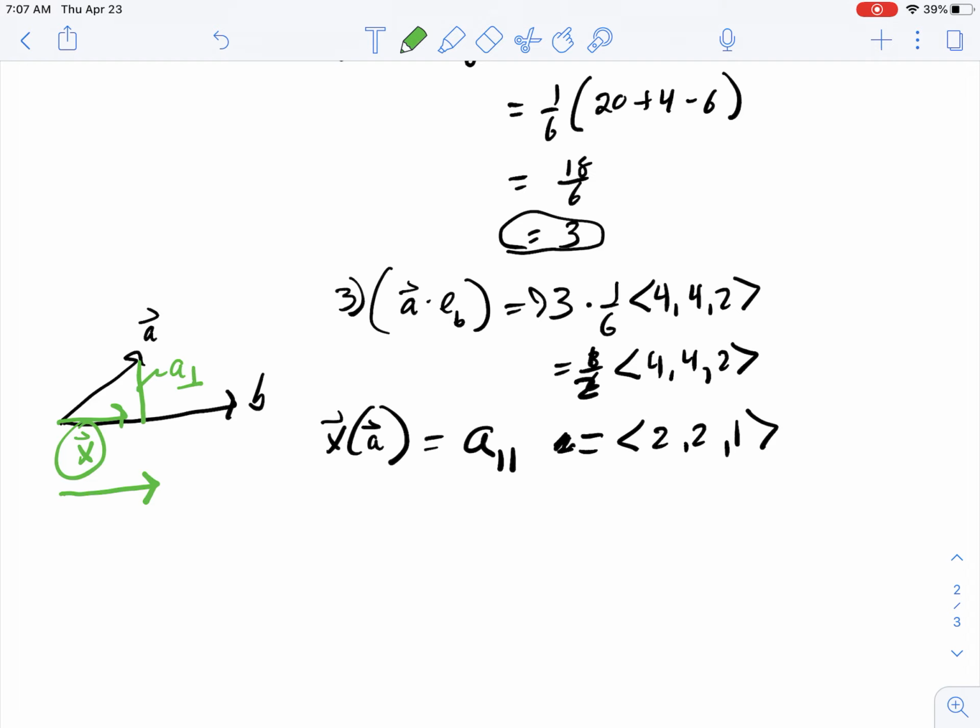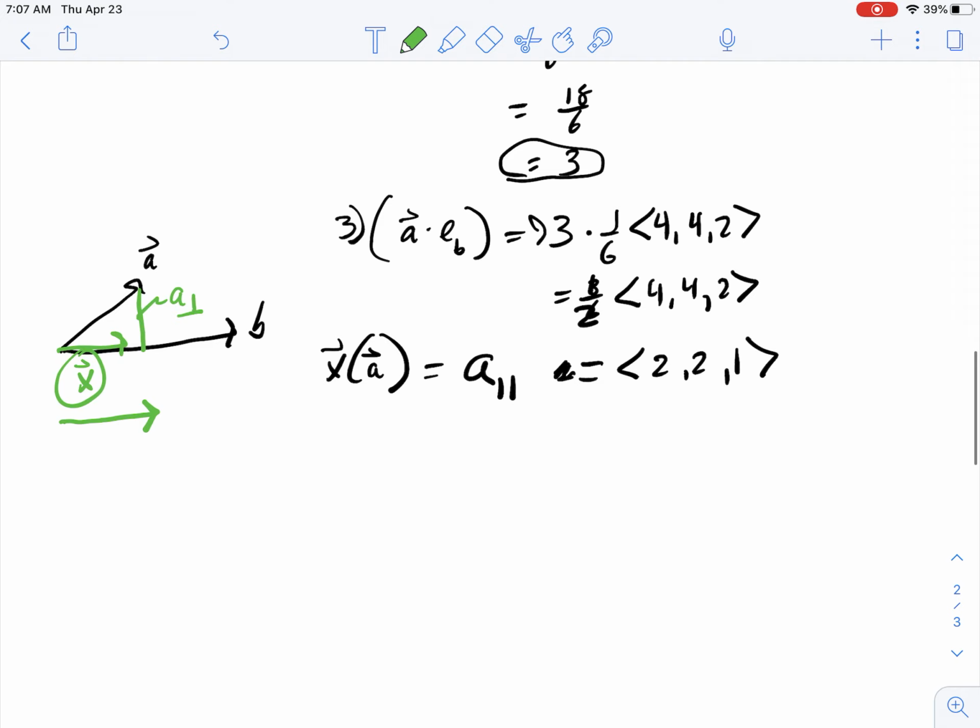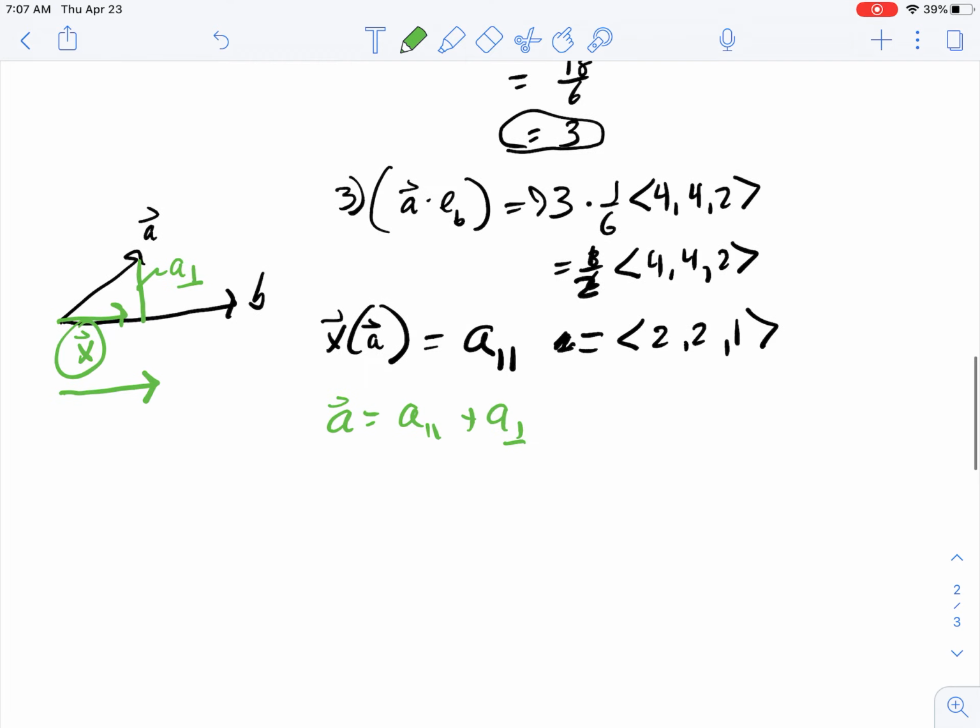So what I need now is my A perpendicular. I have A parallel plus A perpendicular, my decomposition.